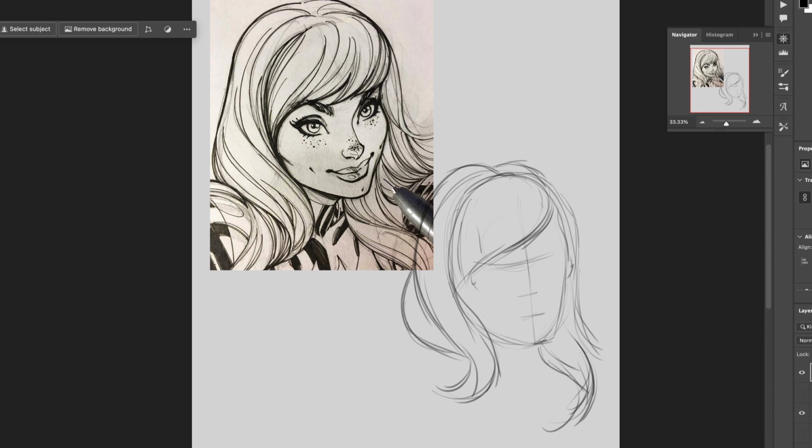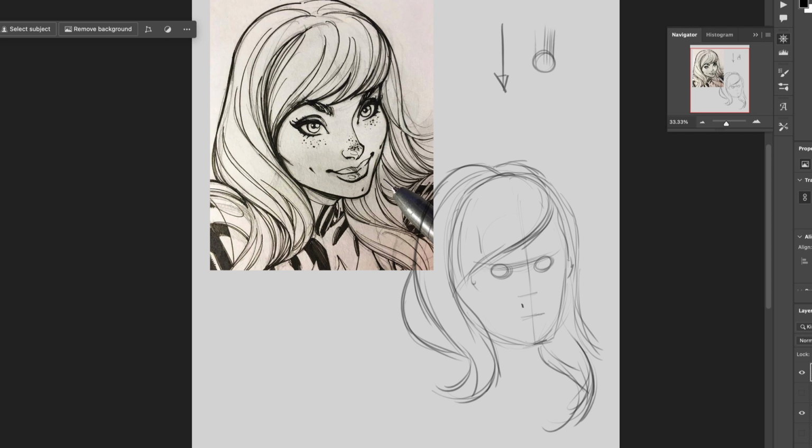Another thing that might be helpful for you to keep in mind is that when you draw hair, you also want to keep in mind a sense of gravity.